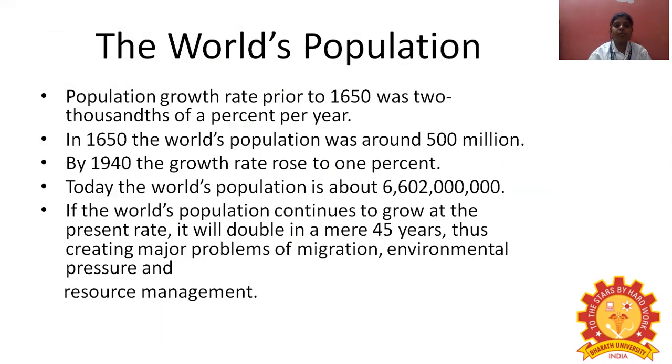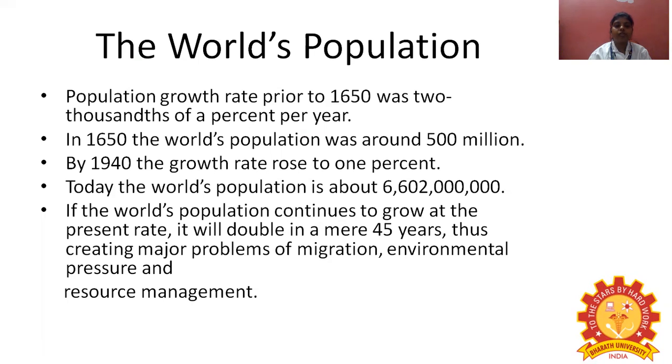Next, the world's population. Population growth rate prior to 1650 was 2000 of a person per year. In 1650, the world's population was around 500 million. By 1940, the growth rate was close to 1%.